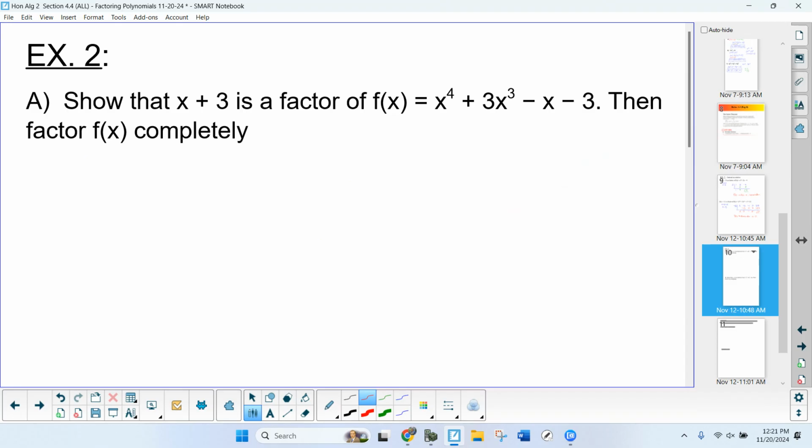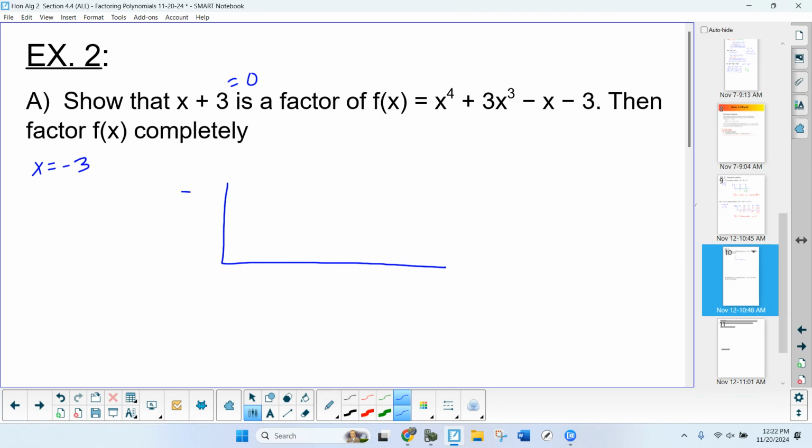Show that this is a factor, then factor completely. They're telling you x plus 3 is a factor. So what's the remainder going to be? 0. Watch. Let's use synthetic division. If x plus 3 is a factor, when you set it equal to 0, what does x equal?